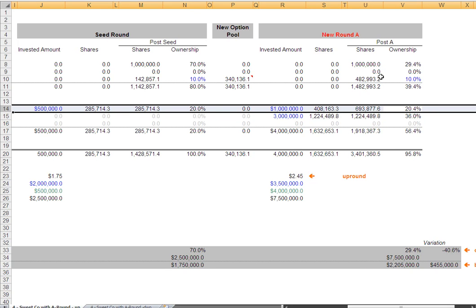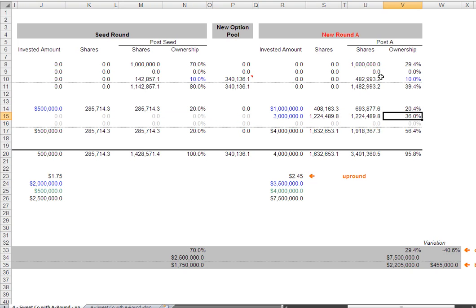So before the Series A, the investor owned 20%, and upon an additional $1 million investment, the seed investor also owns another roughly 20%. The reason why he has to put in additional money is because, like the founders, the initial investors are also going to be diluted by any additional money that is raised by an outside investor.